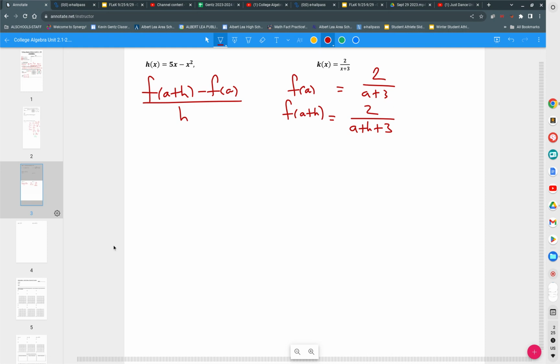So then it tells us that we do what with those two things? We subtract them. So I write this out as 2 over a plus h plus 3 minus 2 over a plus 3. And that all sits over h.